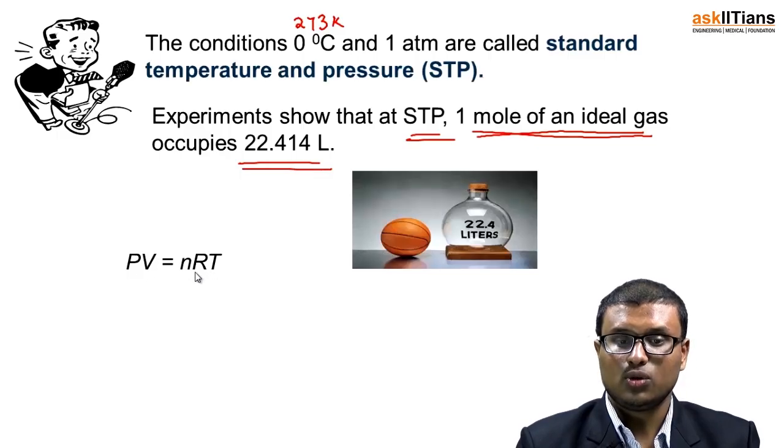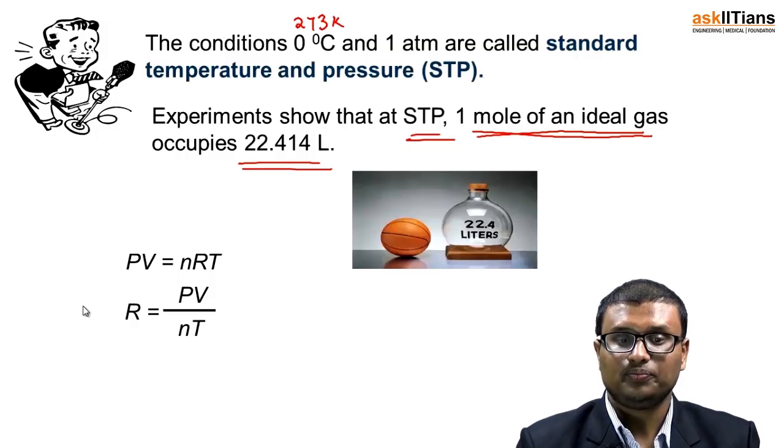Since PV is equal to nRT, R is equal to PV by nT. Here what is known? The value of volume is known. What is the value of volume? 22.414. The number of moles is known, which is 1, the temperature is known, which is 273 Kelvin, and the pressure is known, which is 1 atm.